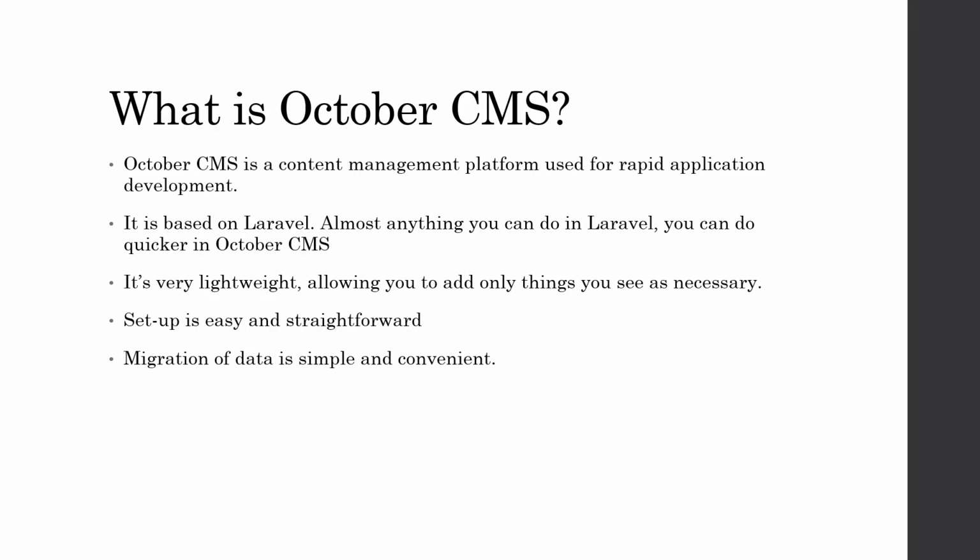Say, for example, with Laravel, you install a Laravel project, and all you are given to work with from the get-go is a welcome view. And then you are free to manipulate the project in any way you see fit. With October CMS, however, because of its rapid application development approach, you are not given something to work with from scratch.